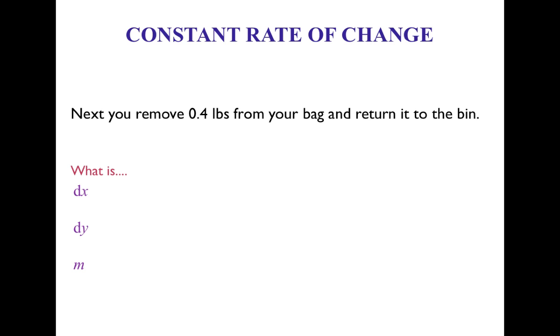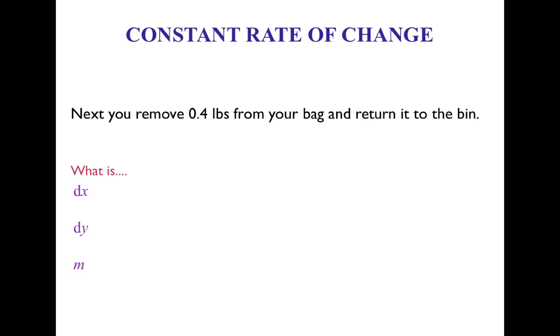And then what would dy be? Keep going, Alex. The change in the total cost. Change in cost, okay. And that would be calculated by 2.75 times negative 0.4. Okay. Now, is m negative here? No, the changes are negative, but the m is always positive. Okay.